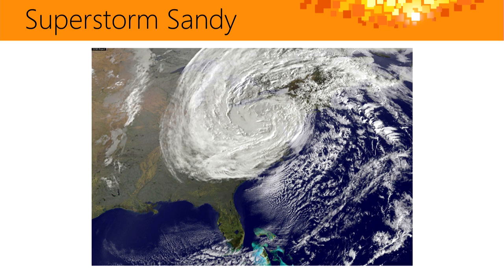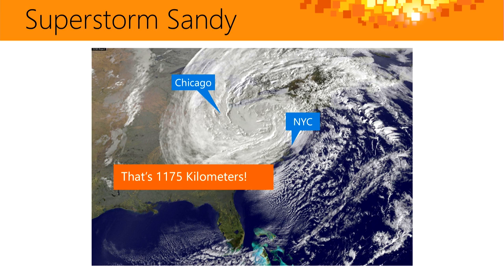In New York, for example, a lot of companies had their disaster recovery point just outside city limit, thinking, okay, it's on a separate electrical grid, it's on a separate internet feed, so we'll be fine. Well, that's New York City, and that's Chicago, and that's the size of the storm that we had. That's roughly 1,200 kilometers.